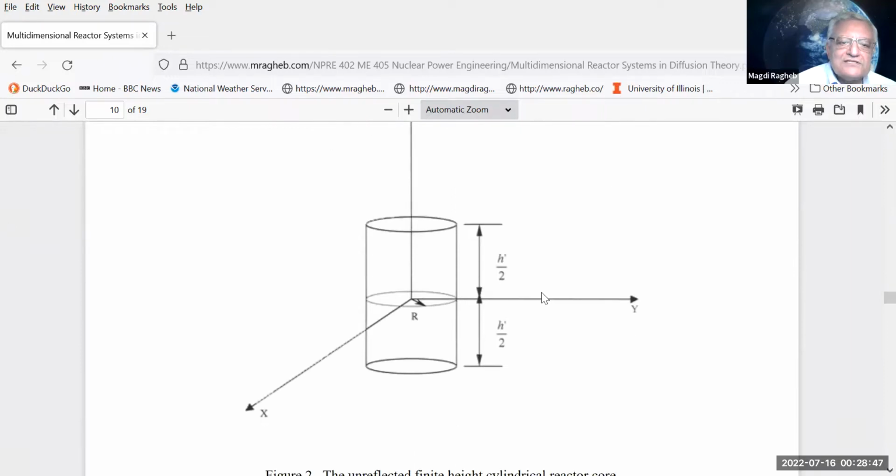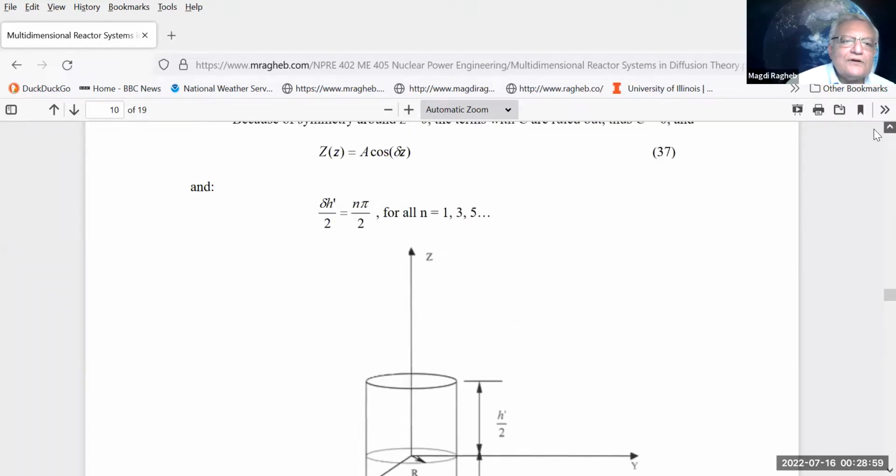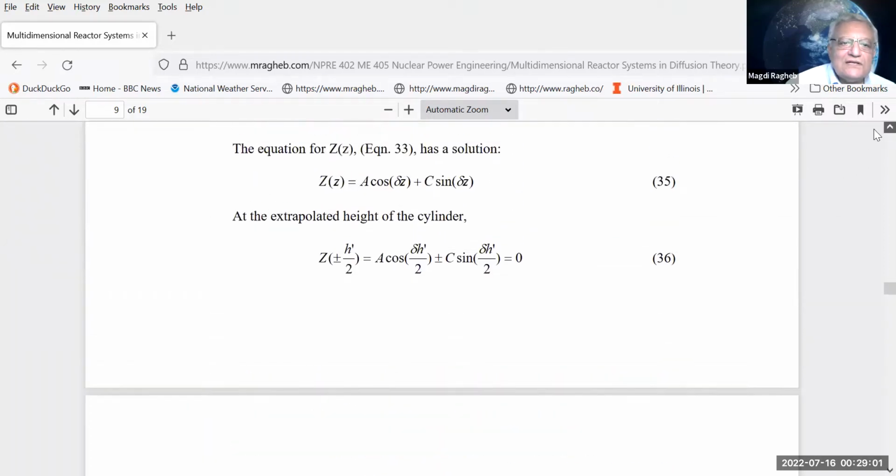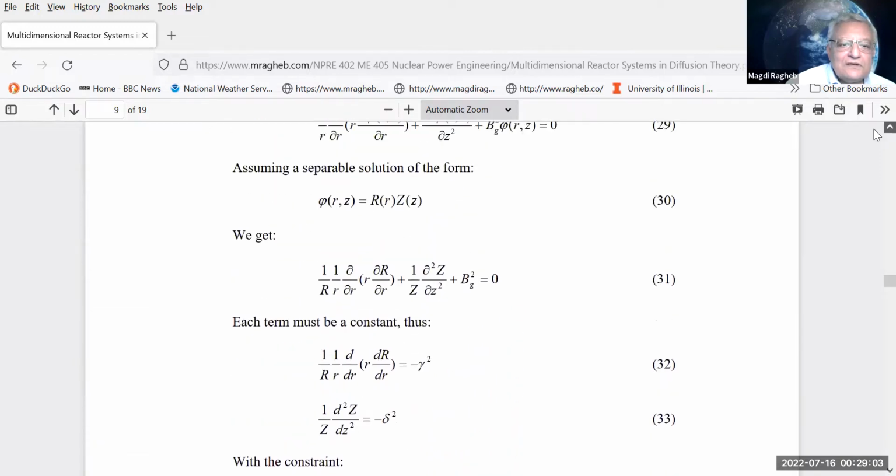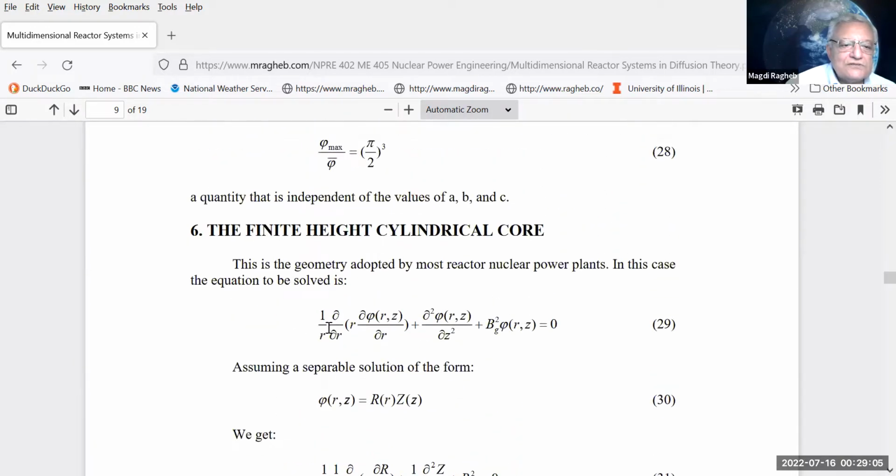So now the Laplacian depends on the height of the reactor as well as the radius of the reactor. If you do not have a dependence on the cylindrical angle, only those two terms in the Laplacian occur in that case. But we are dealing with a partial differential equation. You could see here now the partial derivatives here and there in the Laplacian.